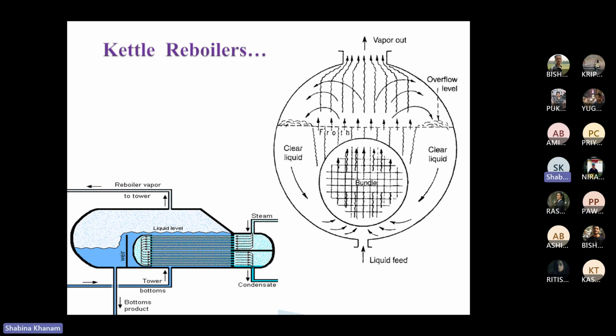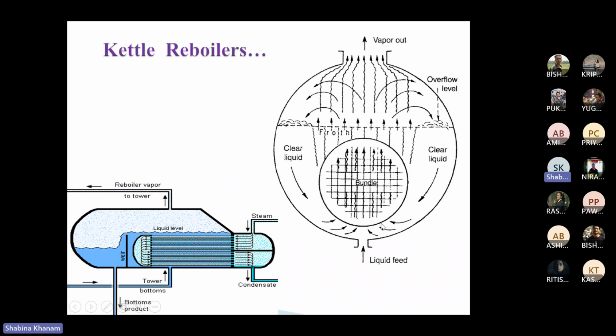So, if you see in this case, the bundle diameter is very small in comparison to the shell. And if you consider this dotted line, this is basically the overflow level. Overflow level means from here to here is the height of the weir, as you can see over here. So this is the weir, and the weir ensures that the complete bundle is always submerged in the liquid.